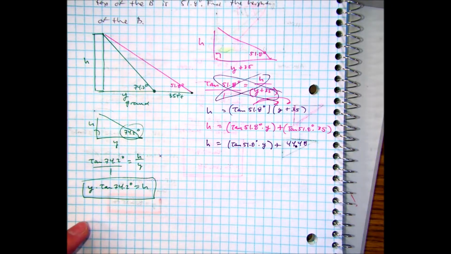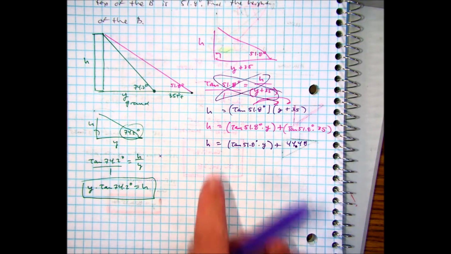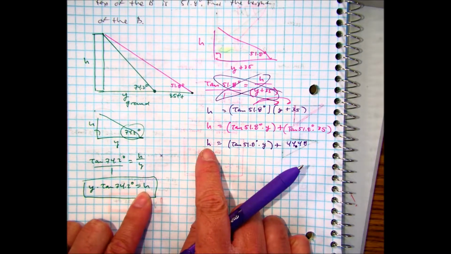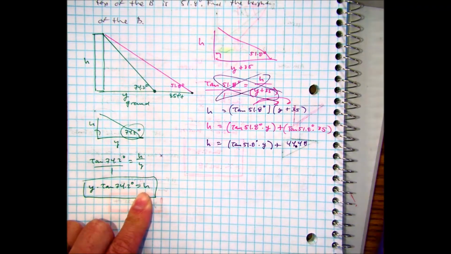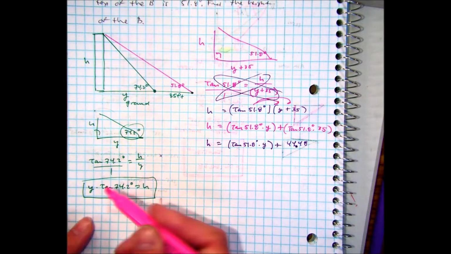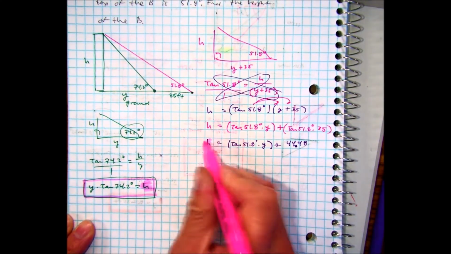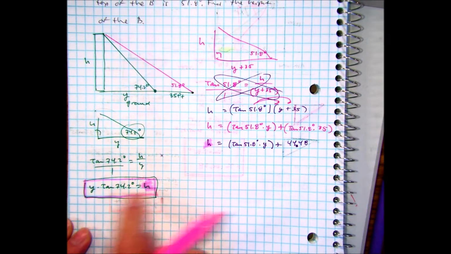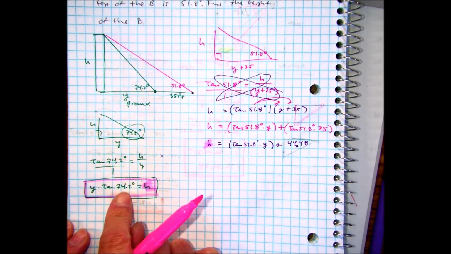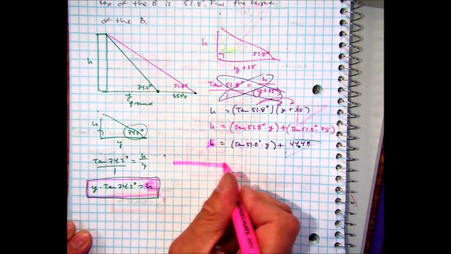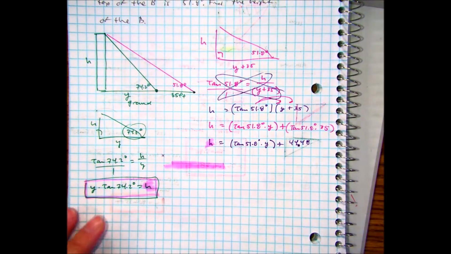What do you think I should do next? I can set them equal to each other. You recognize how they're both equal to H. So every time I see H, I'm going to write y times tan 74.2. Here's H, I'm going to write y times tangent 74.2.